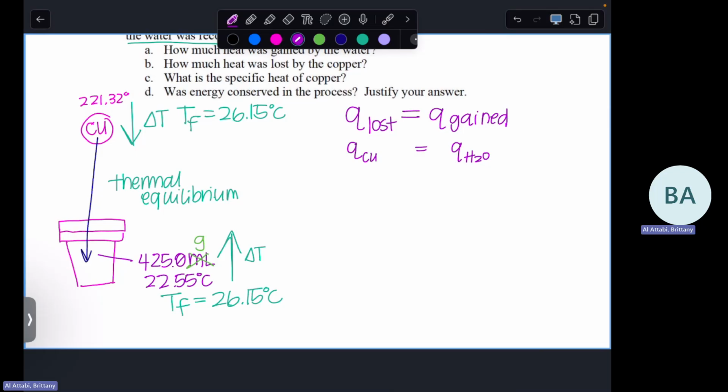It's 4.18. So Q for my water, remember, Q equals mc delta T. So 425 grams, 4.18 joules per gram degree Celsius, and final minus initial, so that's 26.15 final temperature minus the 22.55 initial temperature.